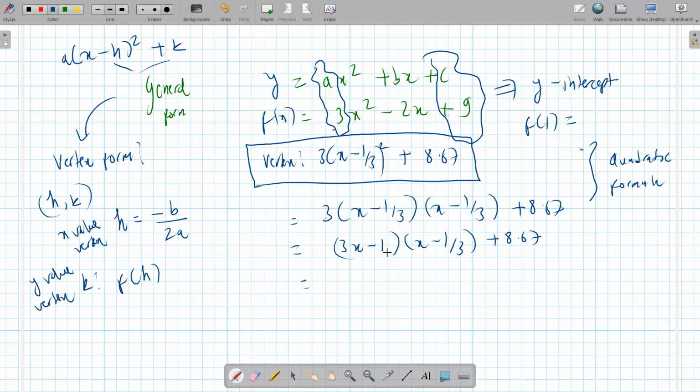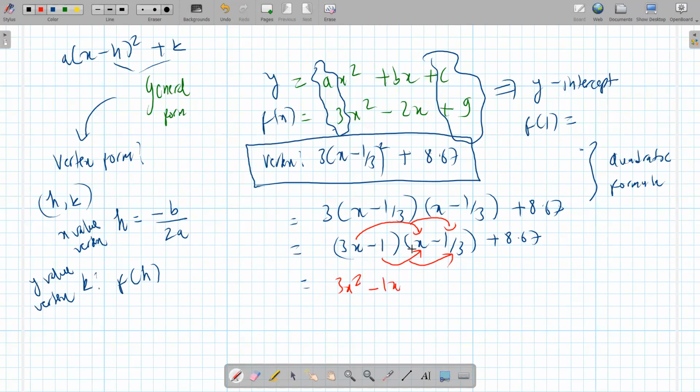Now I'm going to open these two brackets. It's going to be 3x times x, minus 3x times 1/3, and then -1 times x and -1 times -1/3. I'll do this step by step. 3x times x is 3x squared. 3x times -1/3 is -1x.